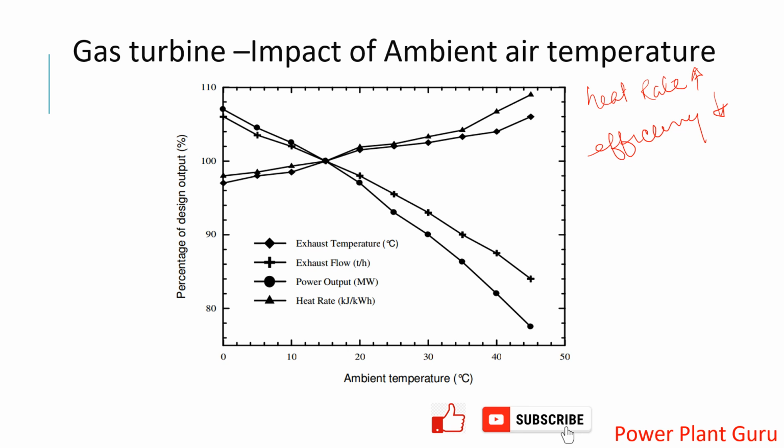If you have an output at 0 degrees Celsius of maybe close to 108.5, then your output will decrease to somewhere around 42 to 45 if the temperature increases by 40 to 45 degrees. This is a very high deterioration factor, which is because of ambient air.